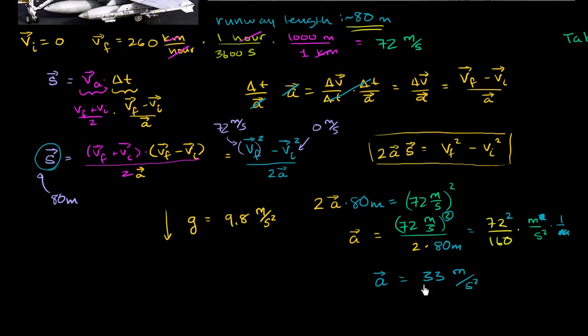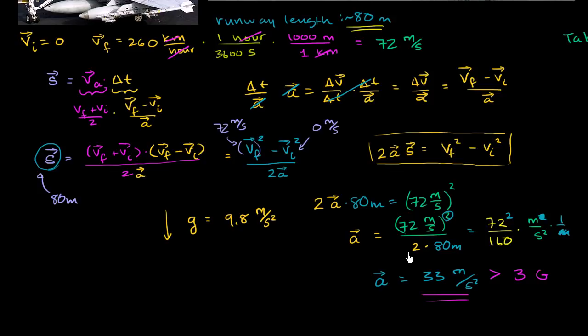Another way to think about this is that the force, and we haven't done a lot on force yet, we'll talk about this in more depth, is that this pilot would be experiencing more than 3 times the force of gravity, more than 3 Gs. 3 Gs would be about 30 meters per second squared. This is more than that.